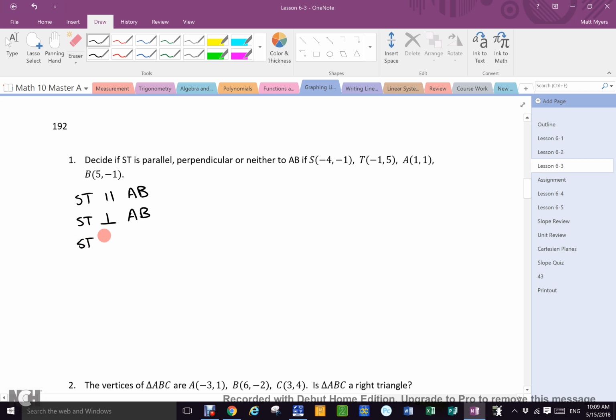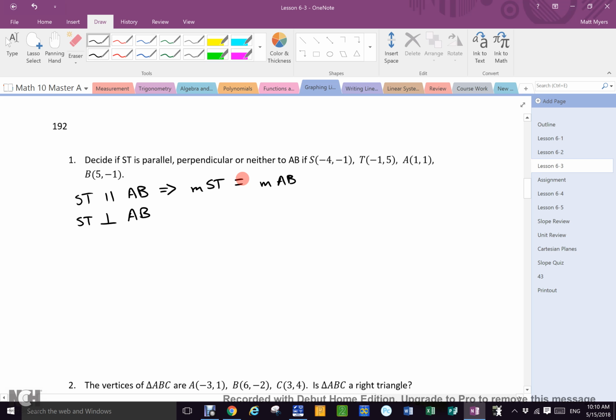Or ST can be neither. Everyone agree? If they're parallel, what does that mean for the slope of ST and the slope of AB? They will be equal, right? Everyone understand? Everyone agree? Okay.